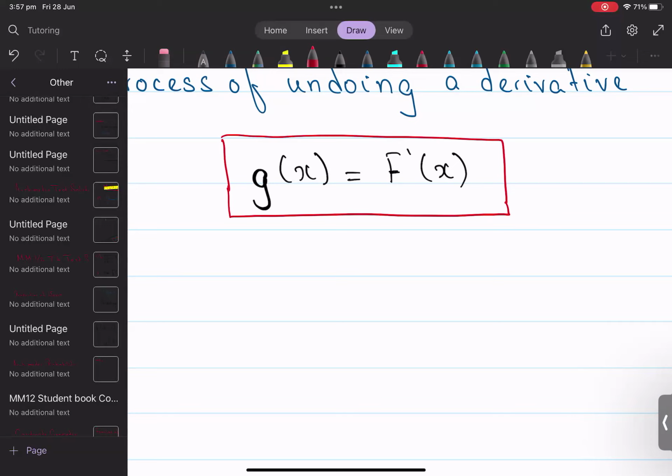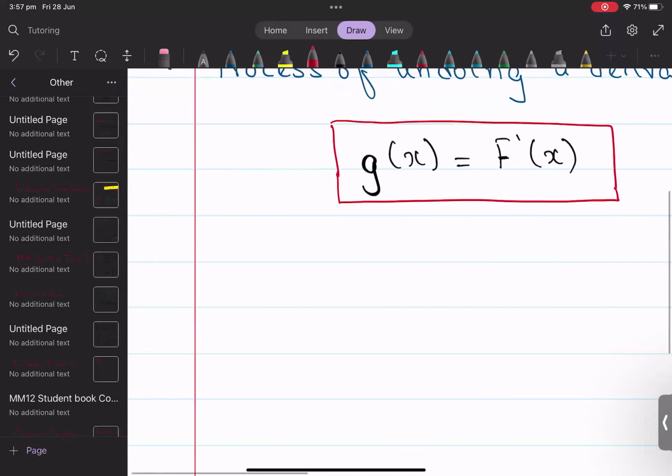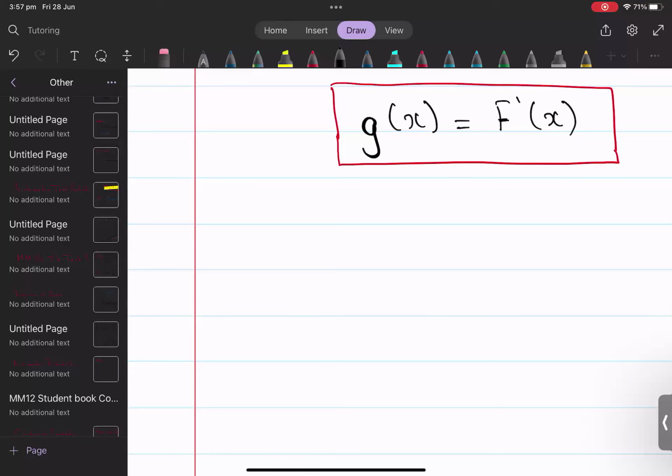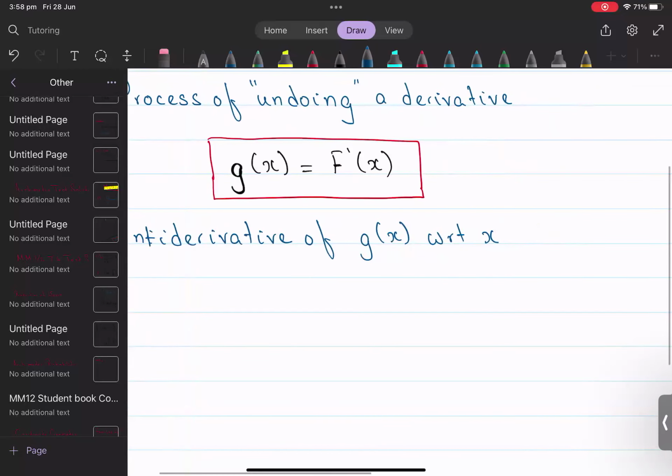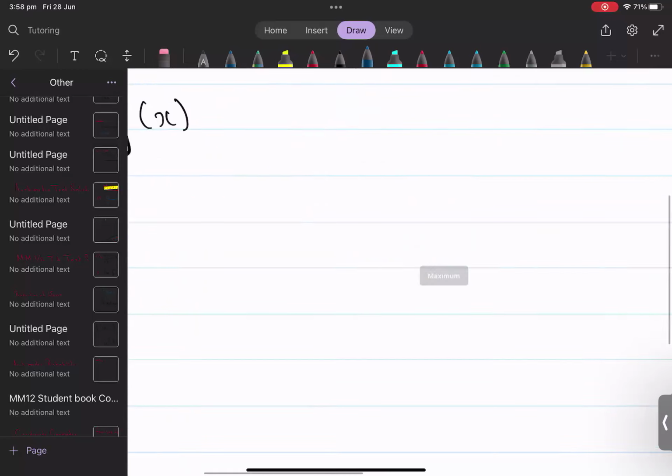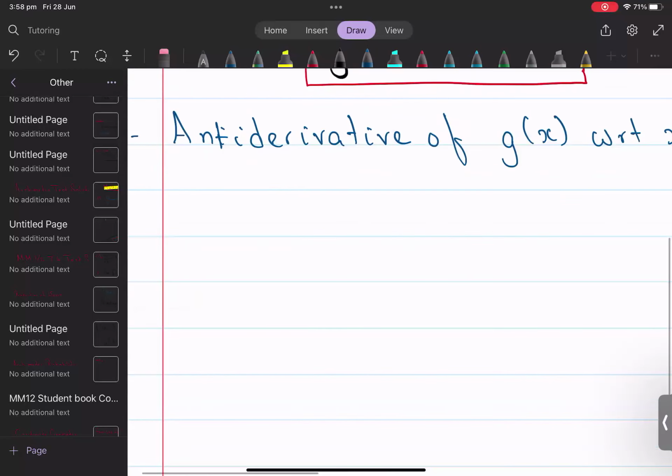Well, what if I want to find the antiderivative of g(x) with respect to x? The way we write this in maths is the following.